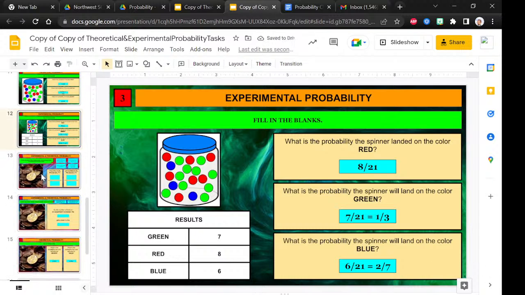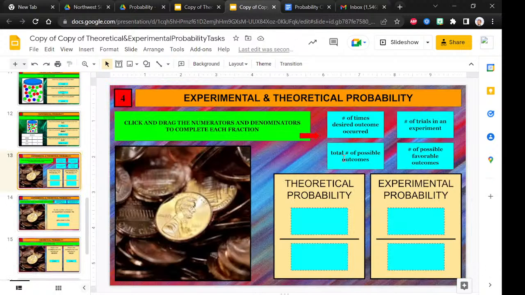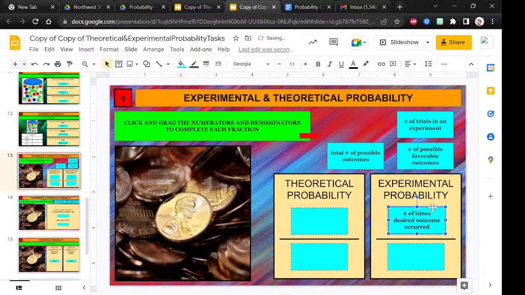All right. Theoretical probability is, if we look at this, I'm looking at my options here. We got the number of times desired outcome occurred. That is going to be an experimental probability, whereas the number of trials in an experiment would be part of experimental probability. And then if you look here, this is possible.